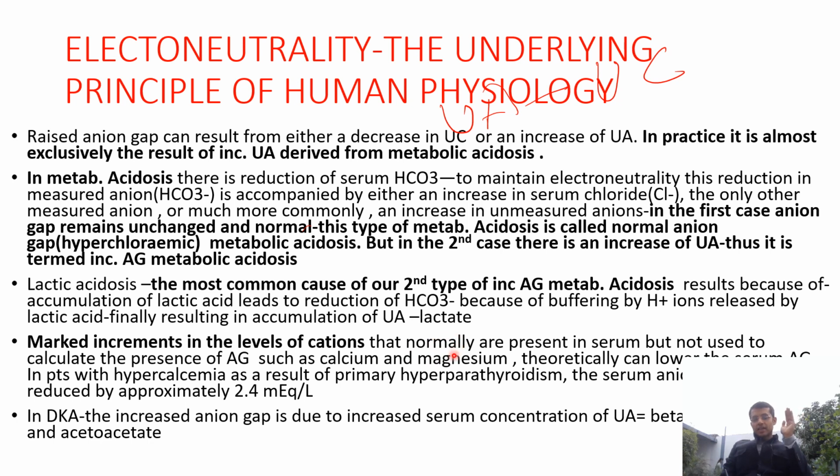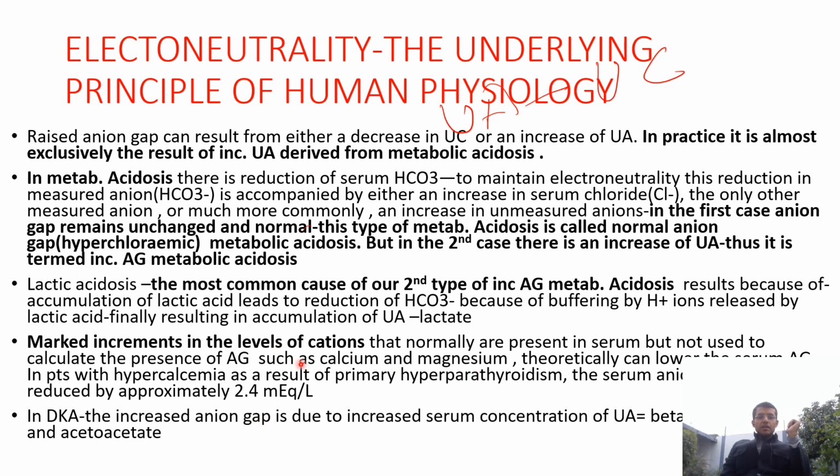So whenever lactic acid accumulates, the H positive will need something to combine with, and it combines with HCO3 negative. So HCO3 goes down, and what increases instead of HCO3? Lactate. So electron neutrality is maintained, but it results in high anion gap metabolic acidosis.